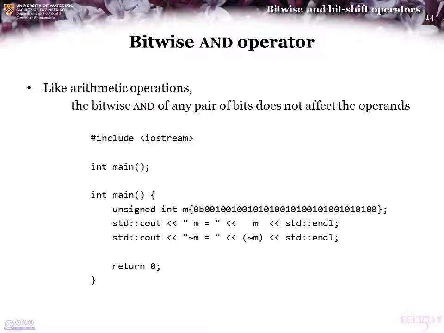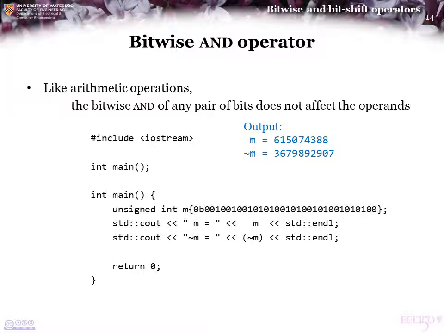So here's an example. Here we have a local variable m, and we print to the screen the bitwise NOT or complement of that local variable. As it is an int, all 32 bits will be flipped in their value.